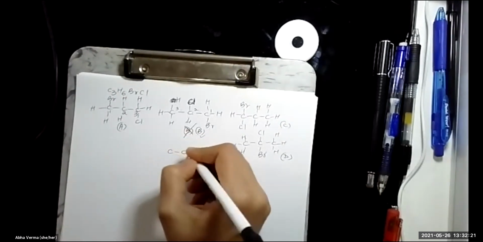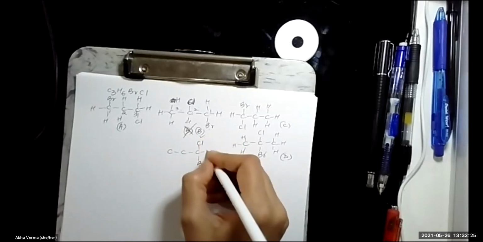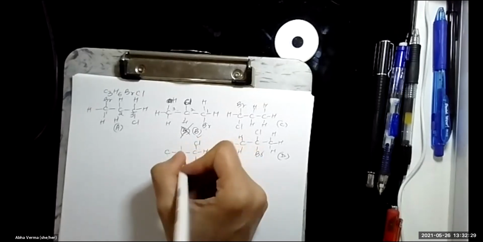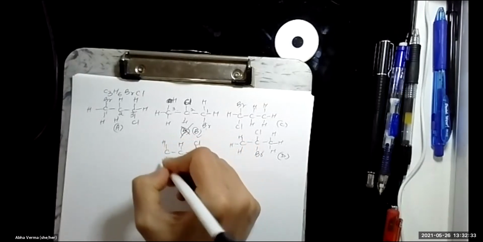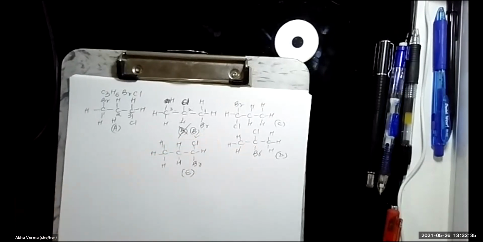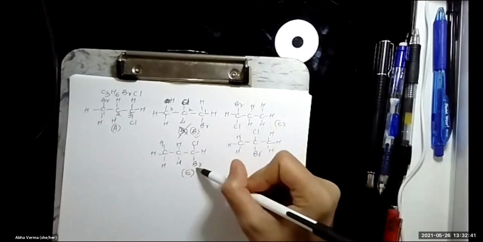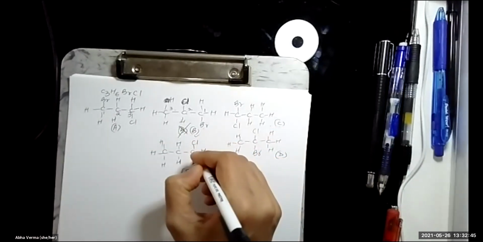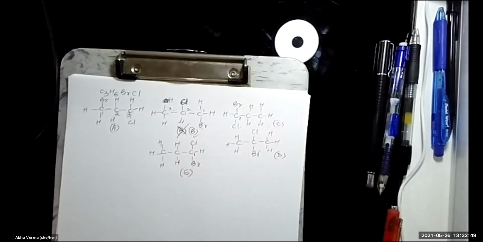What about this one, E? Is this a new constitutional isomer or something that we've already seen? We've already seen. Exactly. E and C, they are exactly the same structures. On the same carbon, we have both the bromine and chlorine.